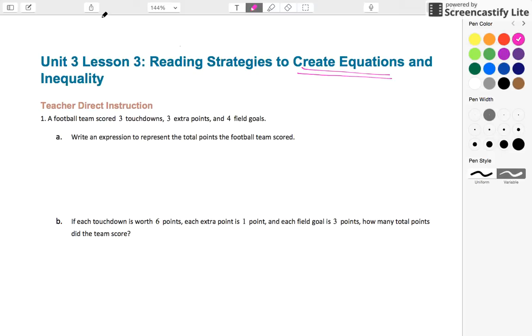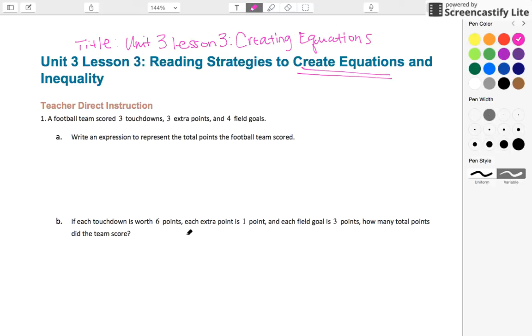So in your notes, make sure you title your notes as what it says here: Unit 3, Lesson 3, Creating equations, like so. Okay, and then you make your side notes and key points and so on.